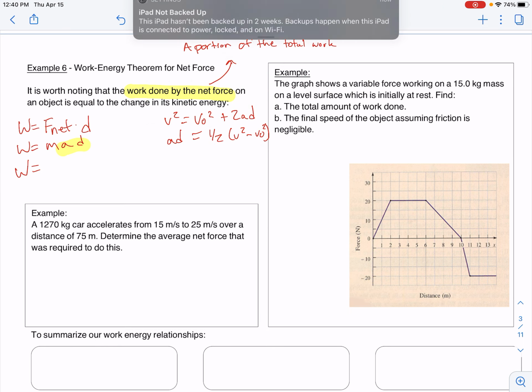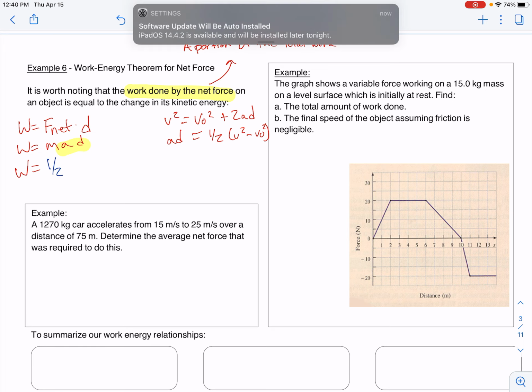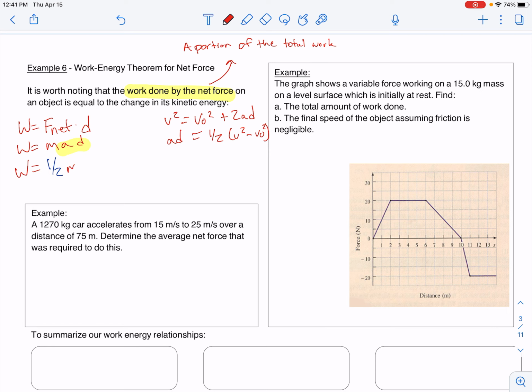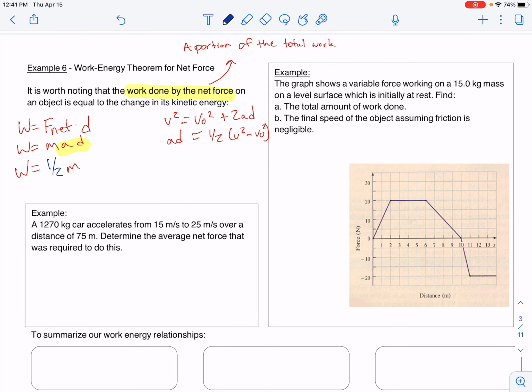Where we get work equals 1/2 mass times final velocity squared minus initial velocity squared.